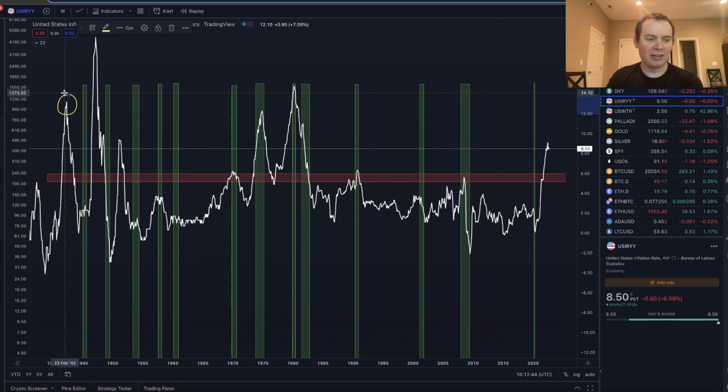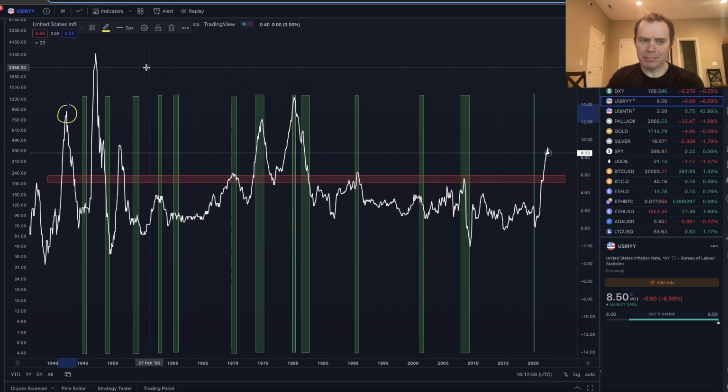To give you an idea of the time frame, inflation year over year peaked over here in July 42, and then we had a recession a few years later, in 45 or so. Then we had another peak of inflation in 1947, and a recession was declared for parts of 1949 or so, and it wasn't really declared until after inflation had been coming down for quite a long period.